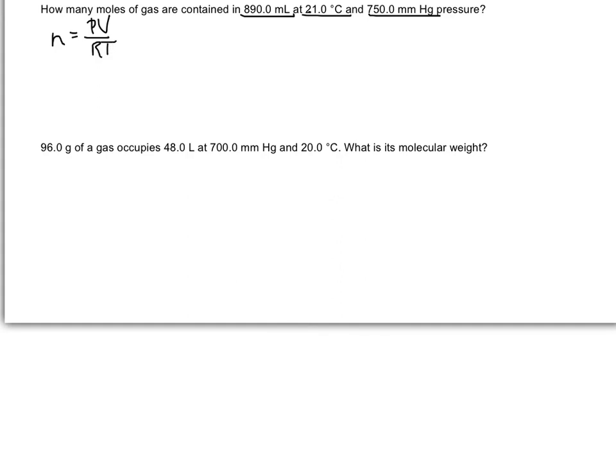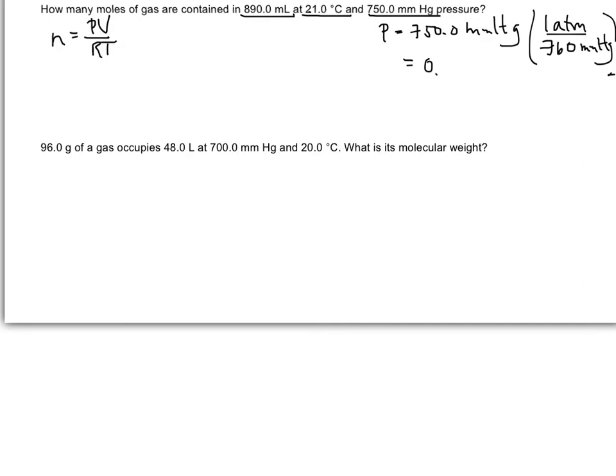Let's make sure that all of our values are ready to be plugged in. Let's convert the pressure from 750 millimeters of mercury. We know that there's 1 atmosphere per 760 millimeters of mercury. And so for that pressure, what do we get? I don't know what we get.